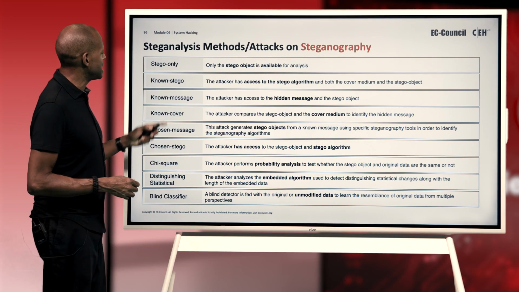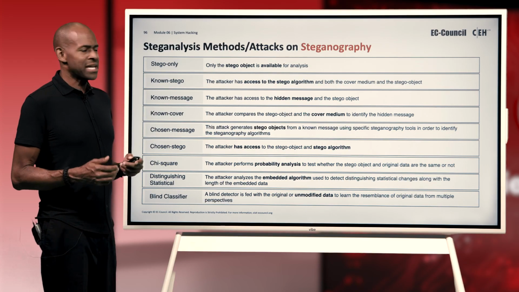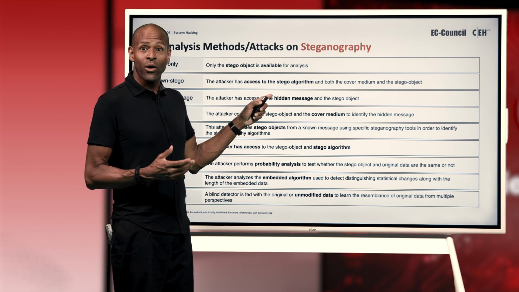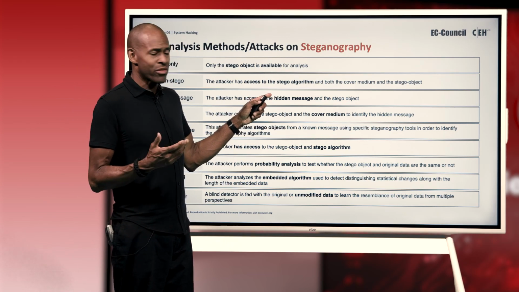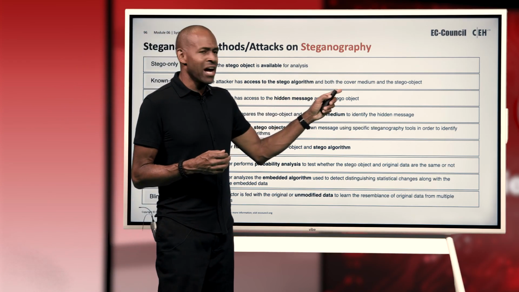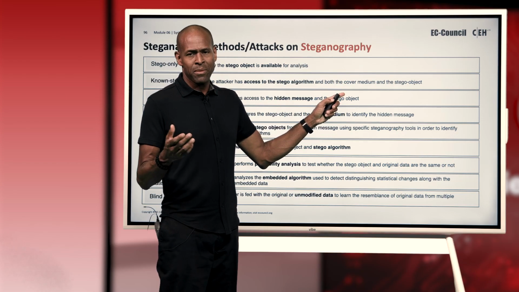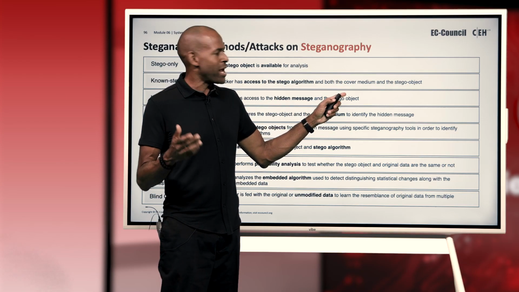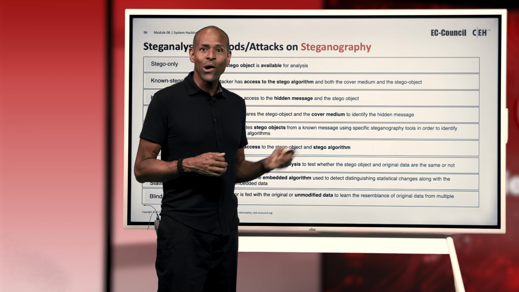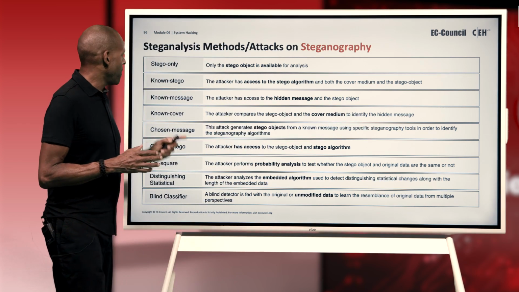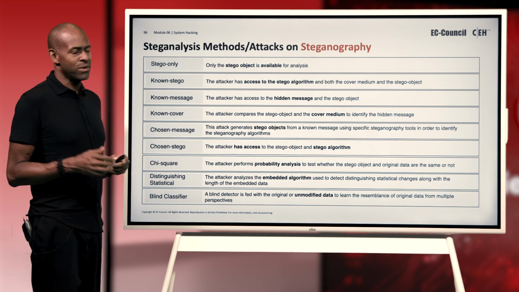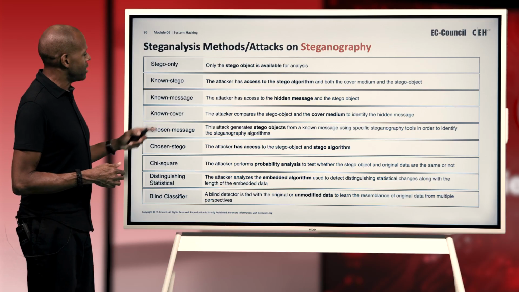The next one is known stego. In this case, I have access to the stego algorithm, so I know what algorithm was used. And I have the cover medium, whether it's a document, an image, an MP3, a JPEG, or whatever, and the stego object. All those put together make known stego a little bit easier to work with. What about known message?